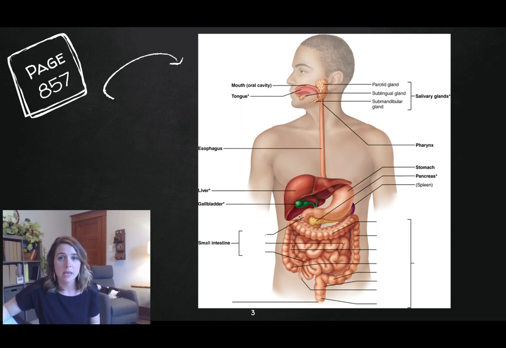All right, and then moving down, if we were following our food tube out of our stomach, it's going to pass through a sphincter, and then it coils and twists and turns all through this portion here, which is your small intestine. For the average human, they say that your small intestine is 22 feet long if you were to stretch it out.